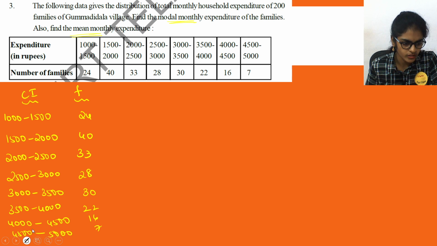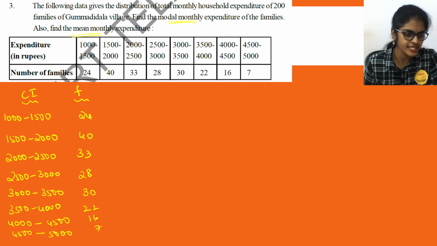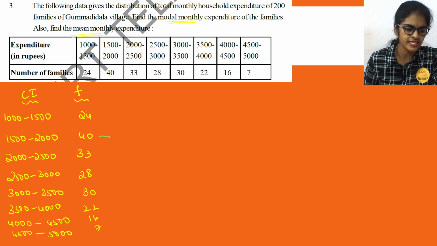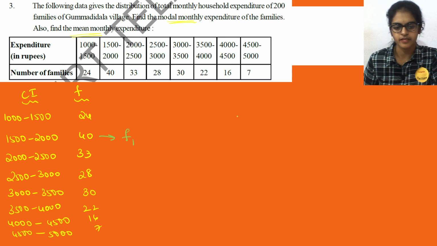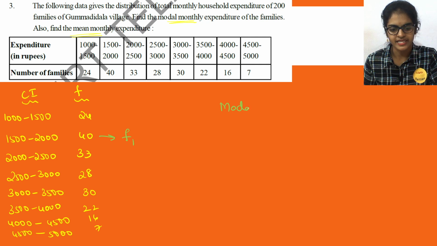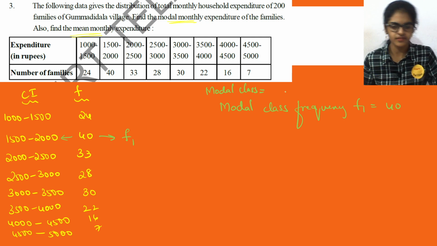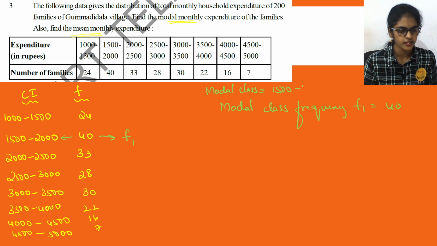So let us pick out the values now. Where is the highest frequency? I can see 40 is the highest frequency, isn't it? So this is your F1, the modal class frequency, which is 40, and the modal class is 1500 to 2000.